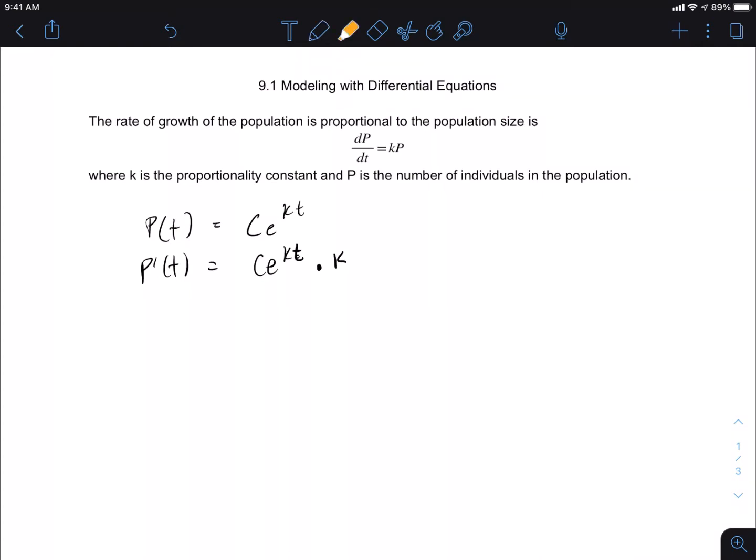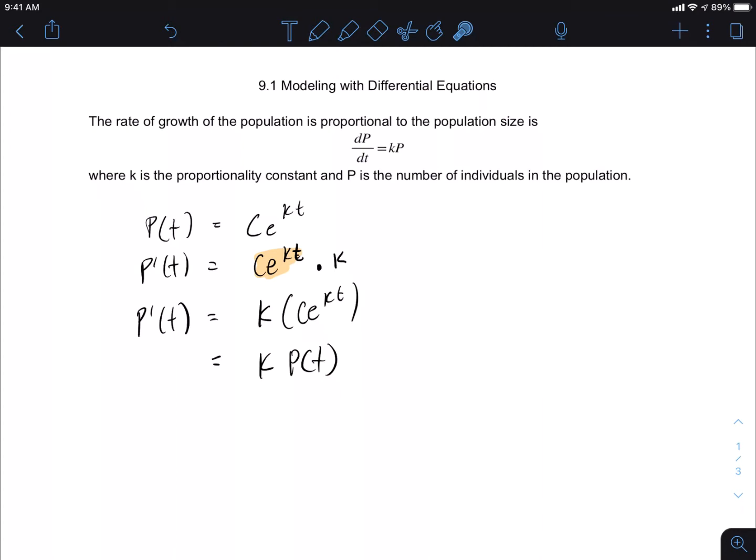But don't we notice that this is P(t)? Correct. So then the derivative is going to simply be k times C e^(kt), which is the same as k times P(t).